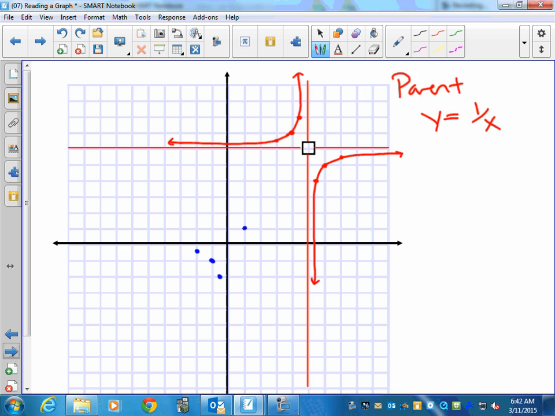Okay, this graph originally starts with the butterfly pattern centered around the 0, 0 point. Okay, so the first thing that we can look at is movements. Okay, this central point of asymptotes moves up 1, 2, 3, 4, 5, 6. Okay, so we have an up 6 movement. Let's move to the right, 1, 2, 3, 4, 5.